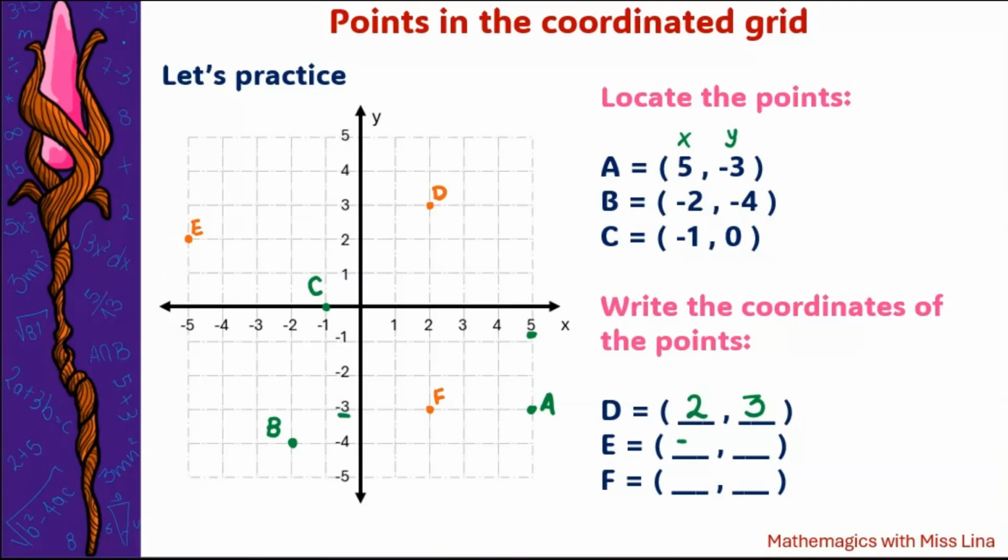So minus 5, 2. Minus 5, comma 2. And F. F is going to be in 2 in the horizontal axis, and if we go to the vertical axis, we find minus 3. So it's going to be 2, minus 3. Okay, guys, and that's how you locate the points.